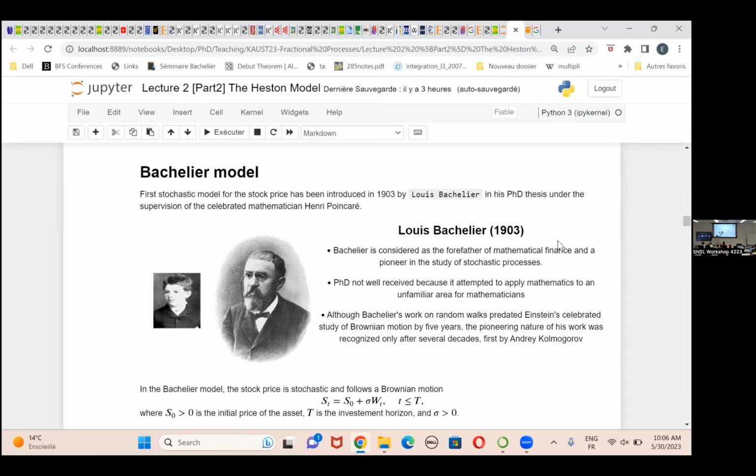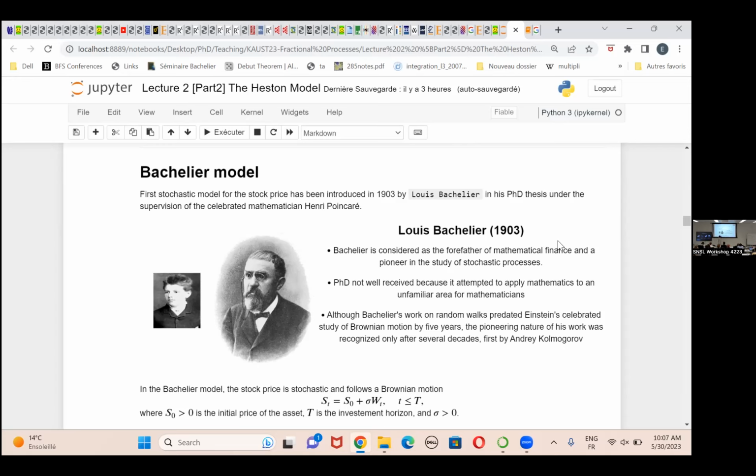He did his PhD with Henri Poincaré, and he applied probabilistic methods in finance and speculation. His PhD was not well received by the mathematical community, because at that time probability was not really considered as mathematics, unfortunately. He really struggled to find a job, even in academia. You can look it up, but it's a very interesting story.